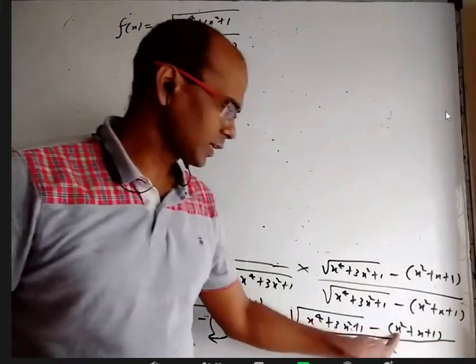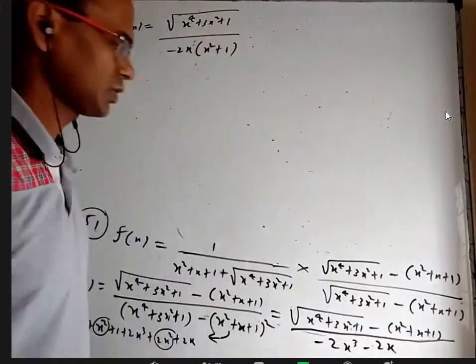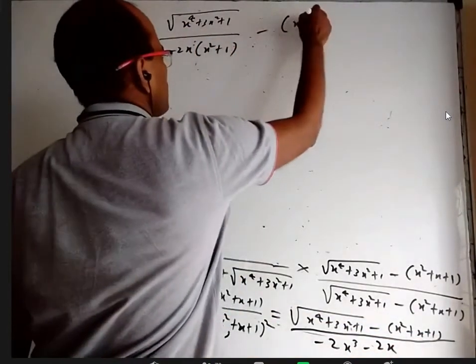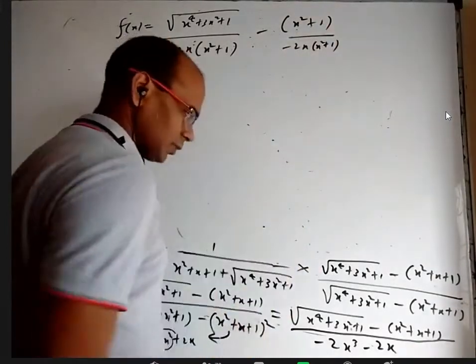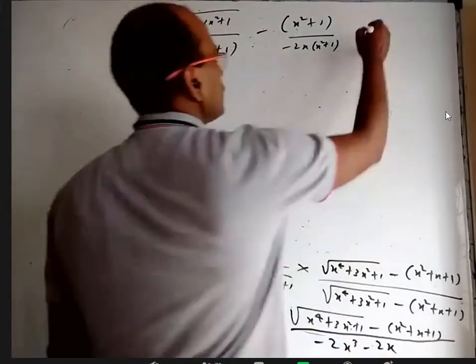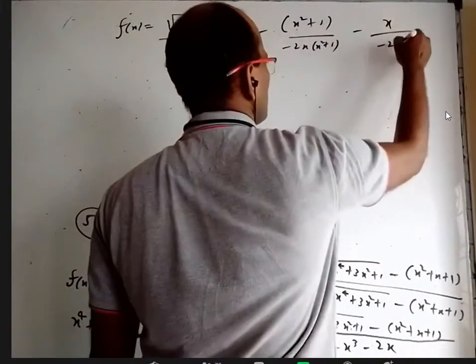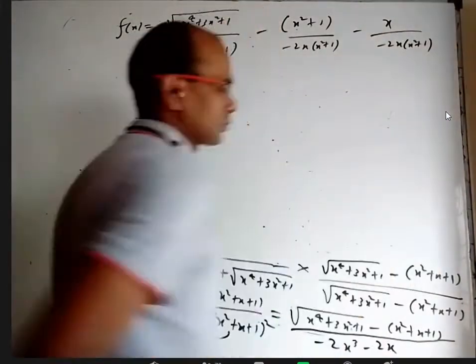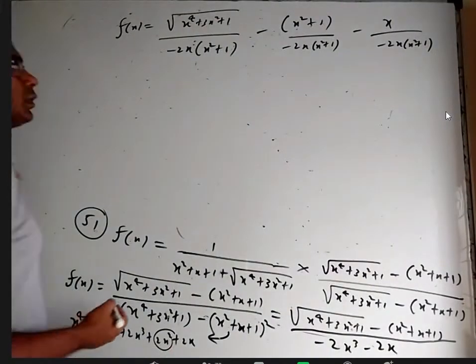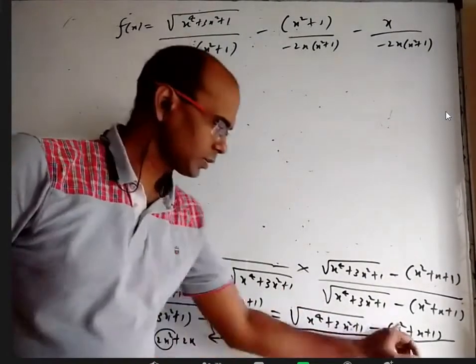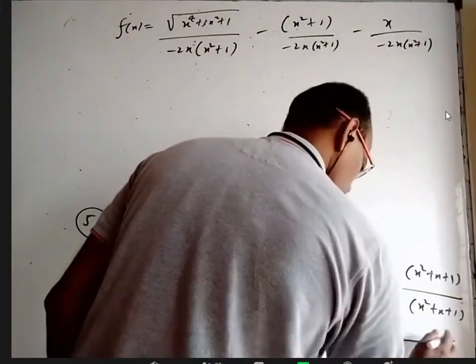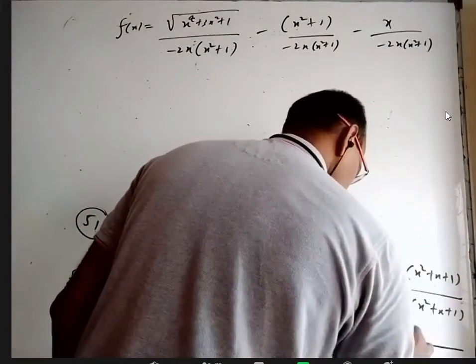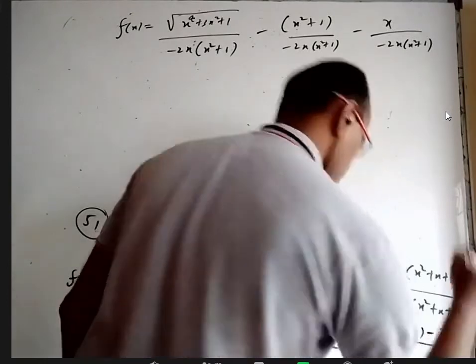I'll also take this x square plus 1 by this also separately: minus of x square plus 1 by minus 2x into x square plus 1, and this x by this, minus x by minus 2x into x square plus 1. So I took this separately, these two together separately. Maybe here on I can write it as minus x square plus 1 minus x.